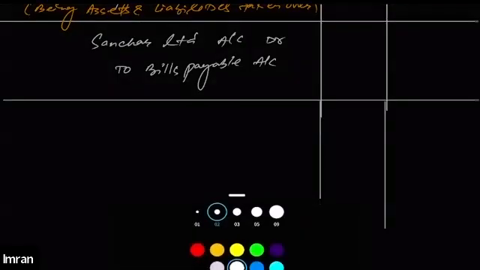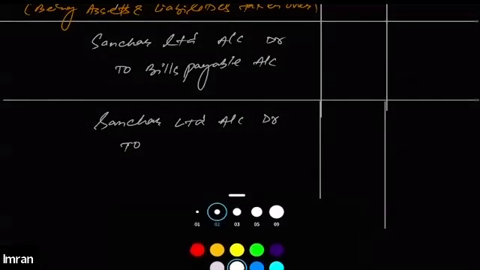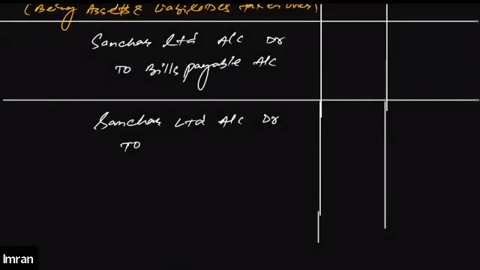I'm passing the journal entry for that separately. Pay attention, try to understand. For the remaining amount, we'll be writing Central Limited account debit. We have issued bills payable of 8,500.